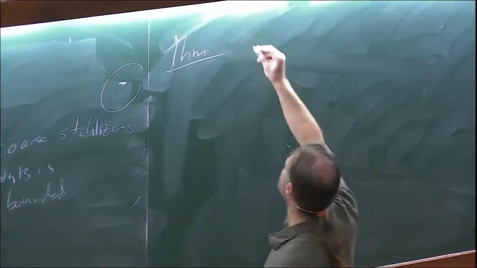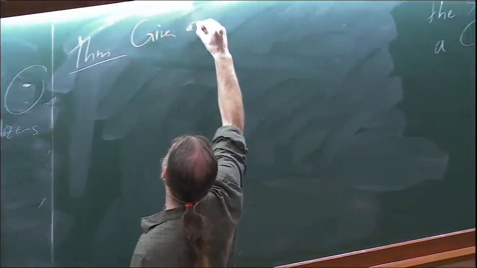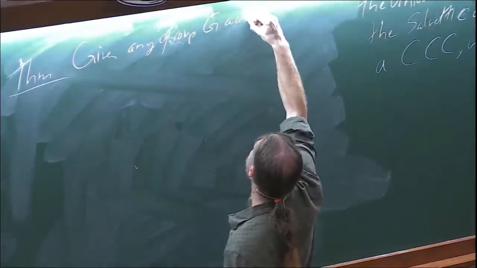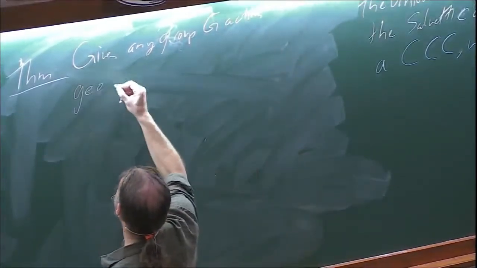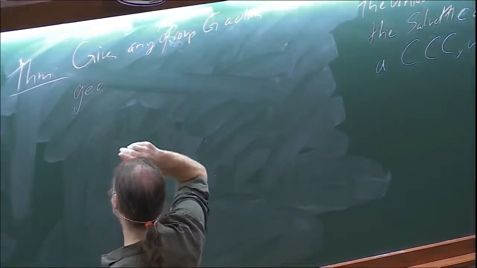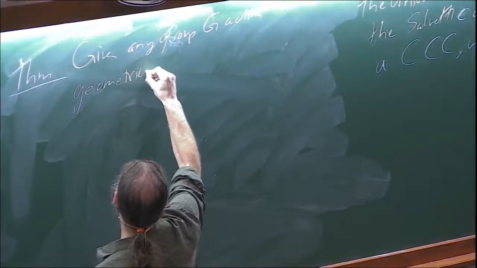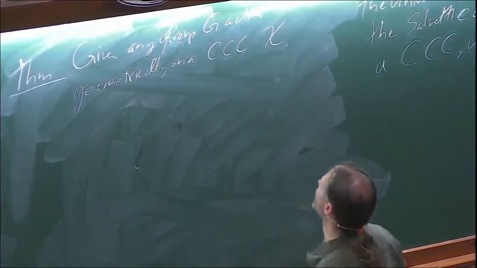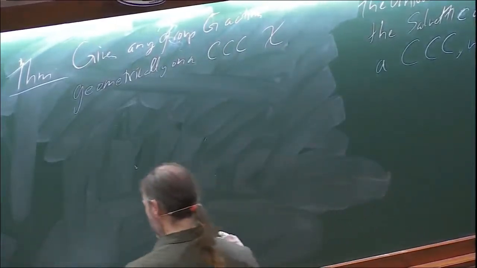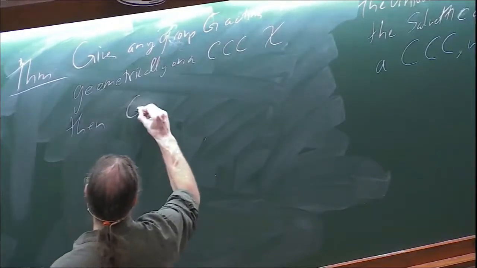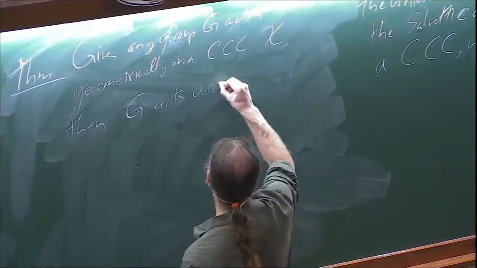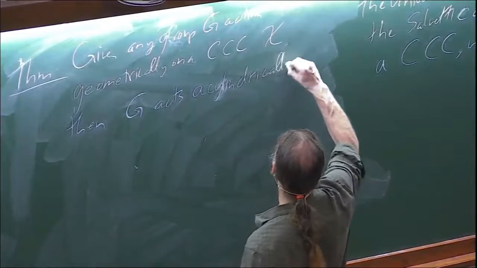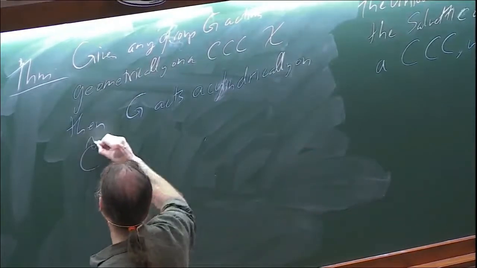We proved that given any group G acting geometrically, so properly discontinuously and cocompactly, on a CAT(0) cube complex X, then G acts acylindrically on C-hat of X.